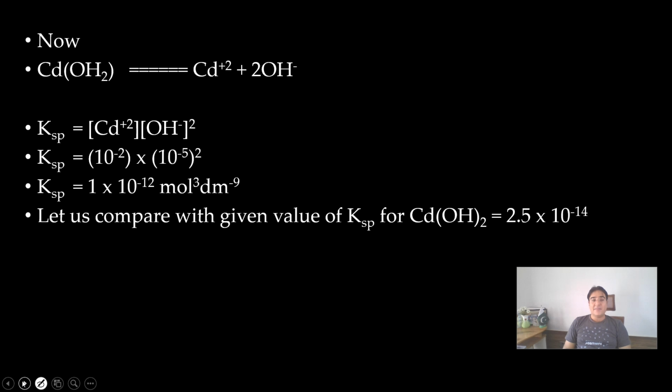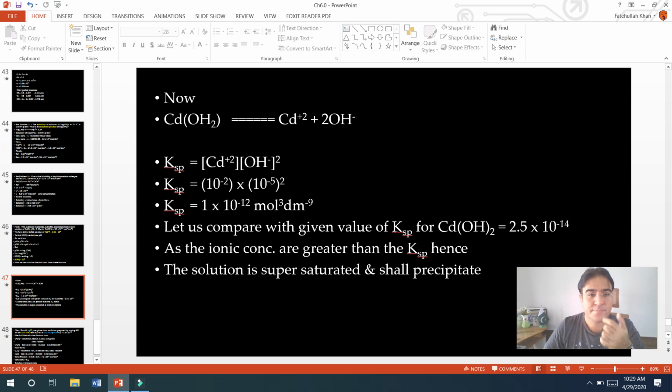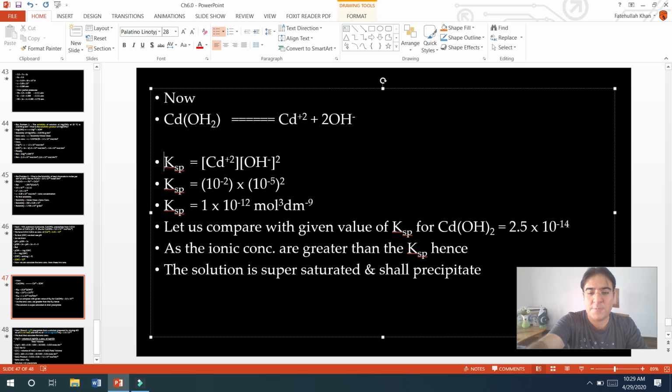And the ionic concentrations are this. Okay, I should rather not write this. I'm sorry. We should write here not Ksp, but this product of ionic concentrations.